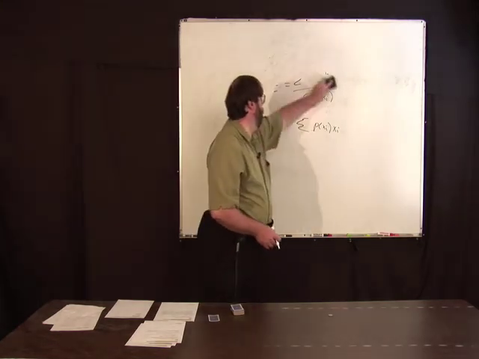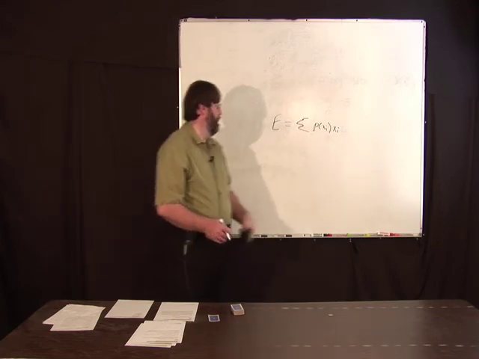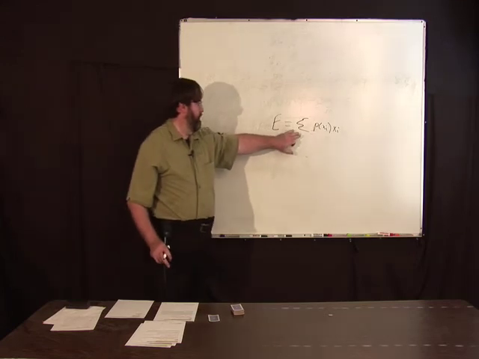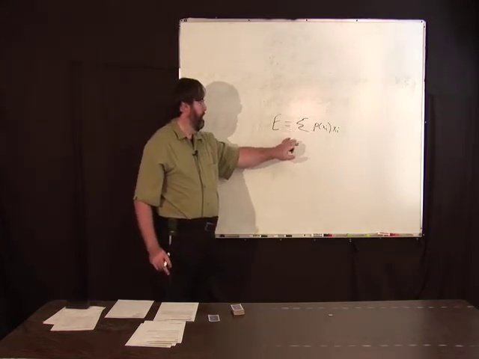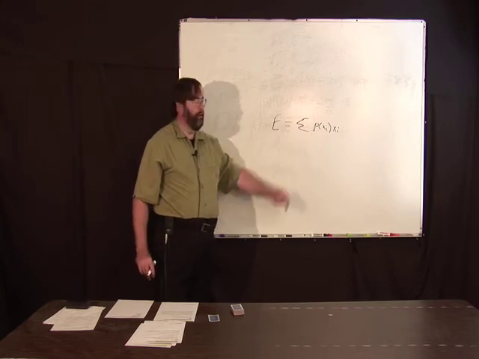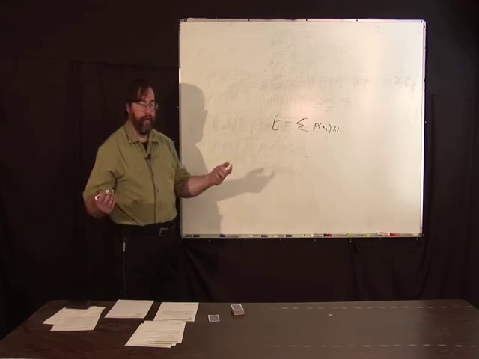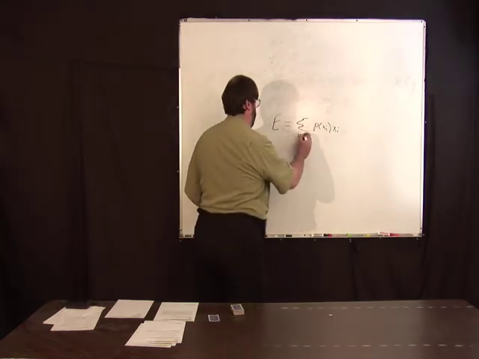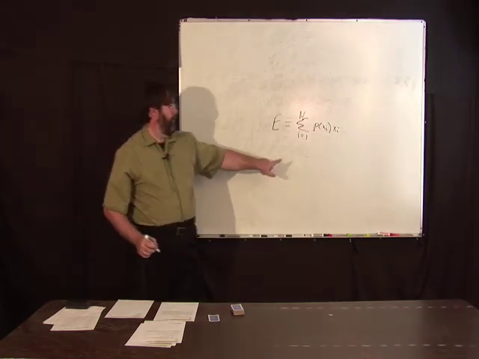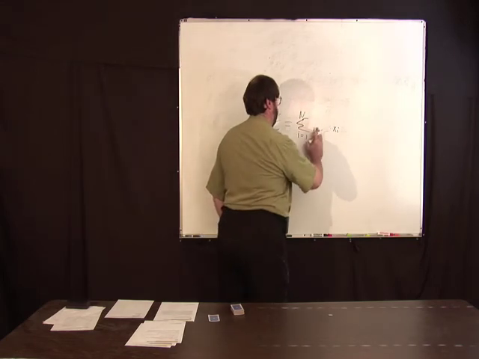Now, all kinds of interesting things can come from expectation. For instance, if all the probabilities are equally likely, say there are n of them, with i equals 1 to n, then each is 1 over n.